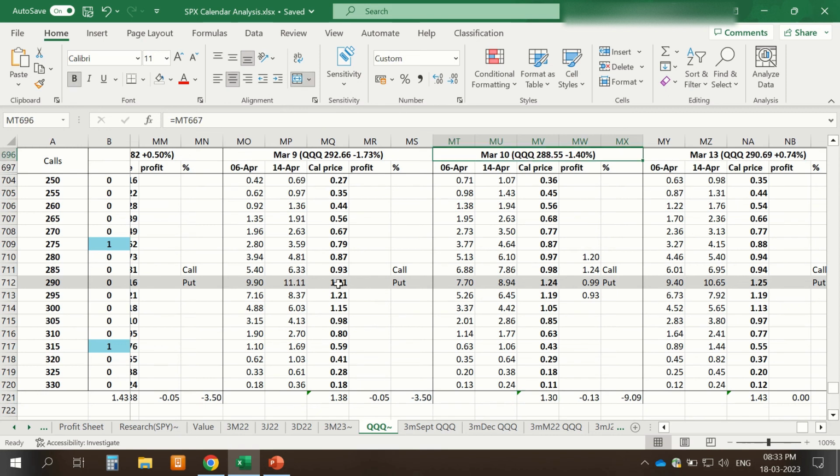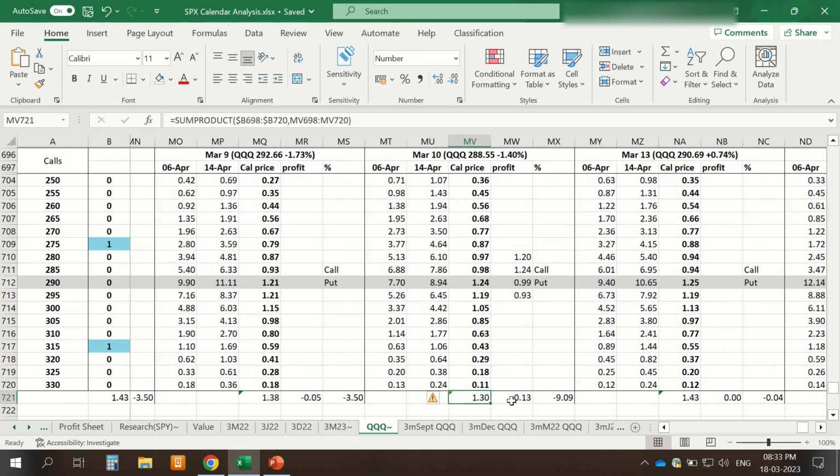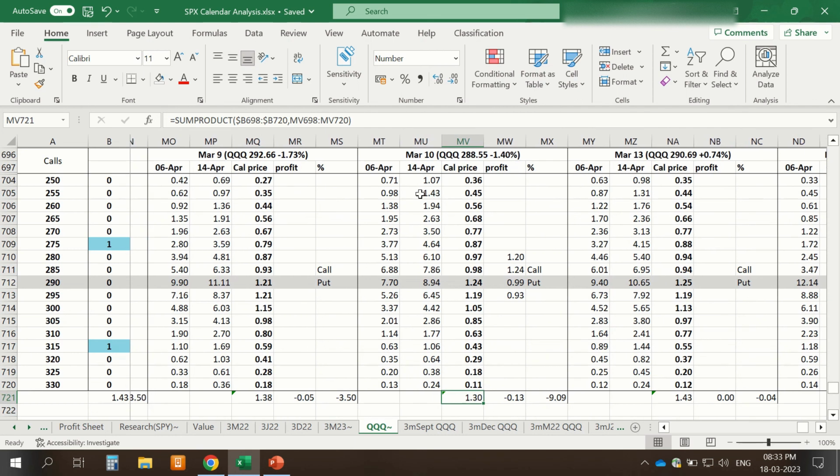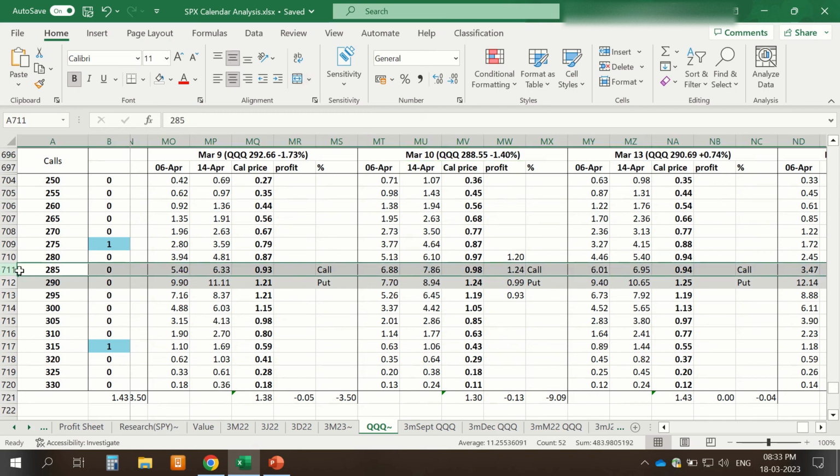based on this date. I will do a readjustment because I am entering on this date, so I'll adjust the strike prices. Based on that strike price, I'll enter, okay, 1.30 is the cheapest one. Now let's do the analysis. Let's say we are on March 10th. QQQ is at 288, so the middle will be, let's say, 285.